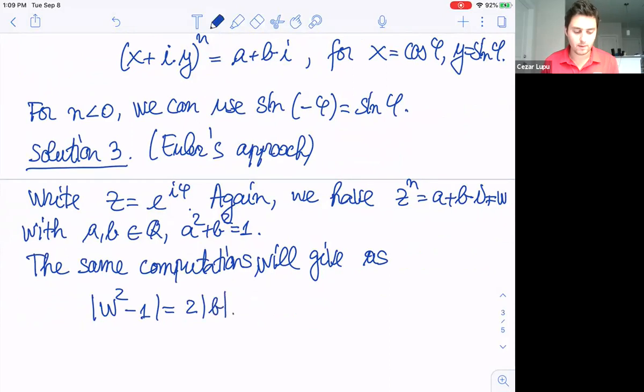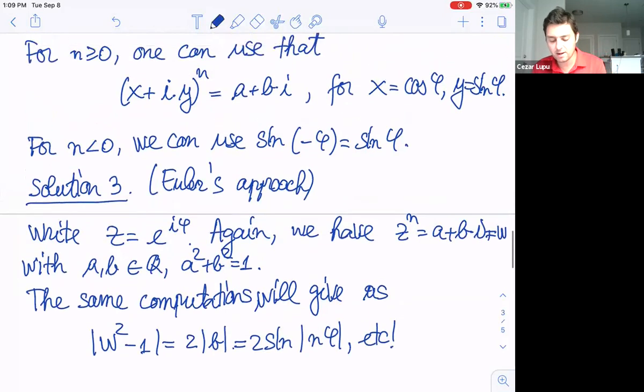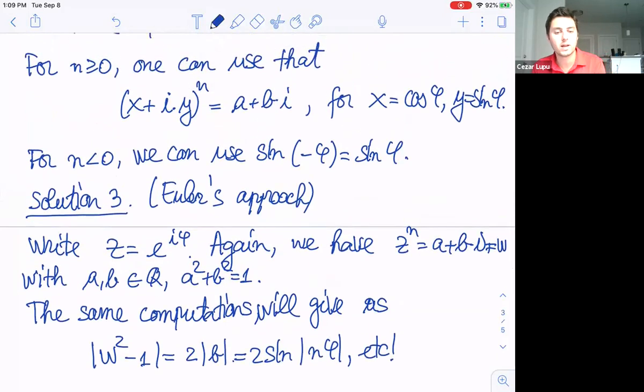Something like this. Or if you write, this is 2 sine of n phi. And it's the same thing. So I leave it to you. So you see, you can approach these problems in 3 ways. It doesn't matter how you write it. The only thing that matters is that at the end of the day, you will get the exact same computation.